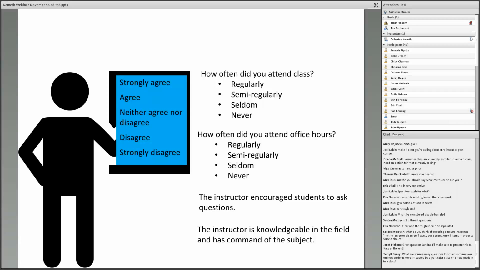I personally use what I have on the screen: strongly agree, agree, neither agree nor disagree, disagree, and strongly disagree. And the reason I do that is because this breaks down to 5, 4, 3, 2, 1, and I find that using a 5-point Likert scale can be very useful when we get to the quantitative component, because those numbers also can be correlated with, for example, A, B, C, D, E in grading.